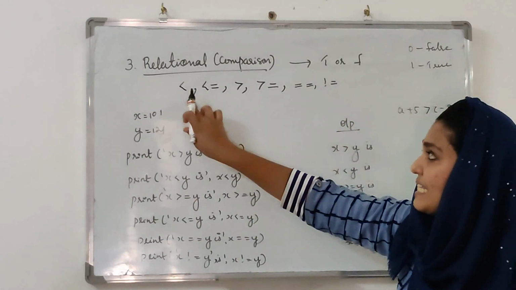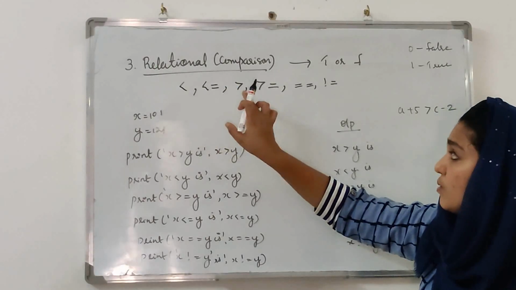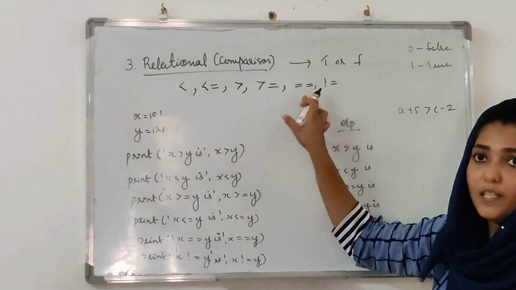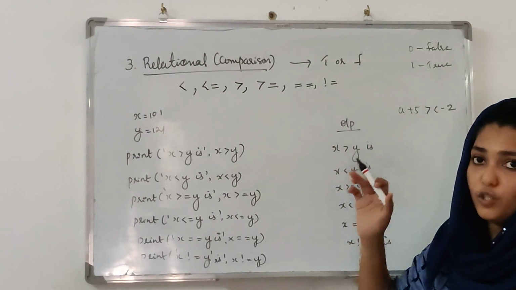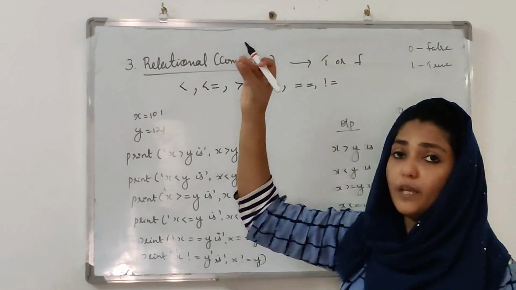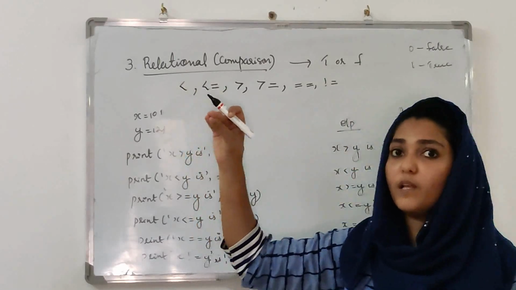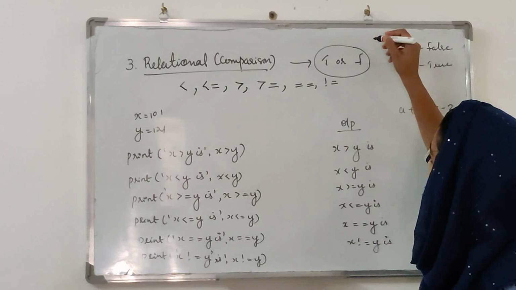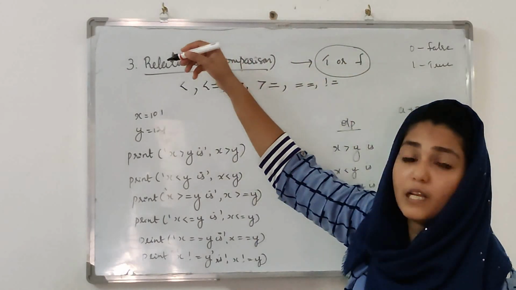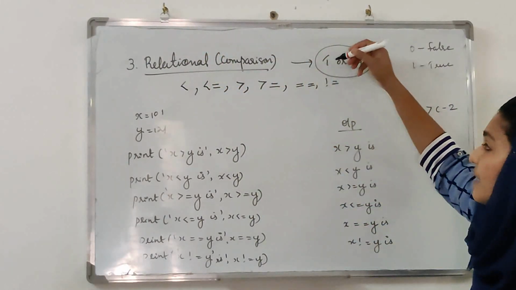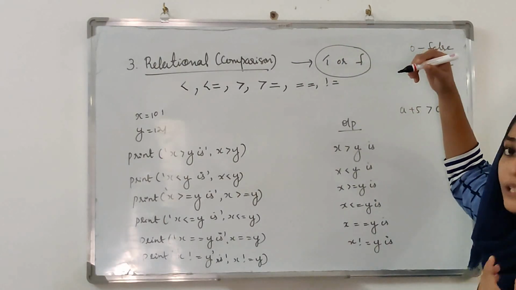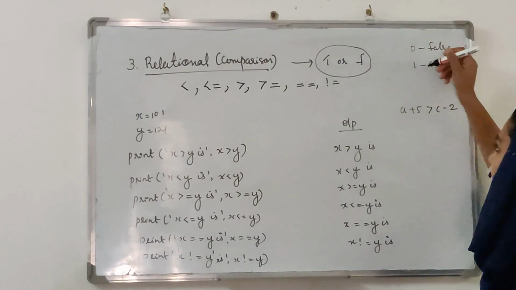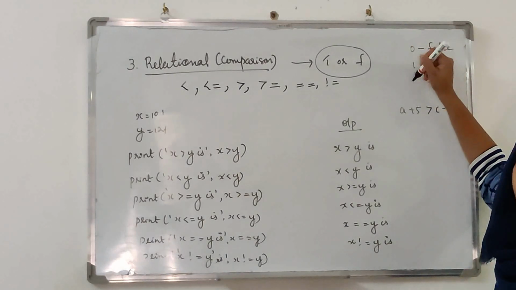The output of any relational expression will always be true or false. What are the outputs that are possible for a relational expression? It is either true or false. One more thing to remember is that false is denoted by 0 and true is denoted by 1.